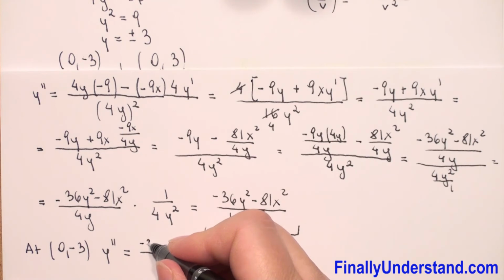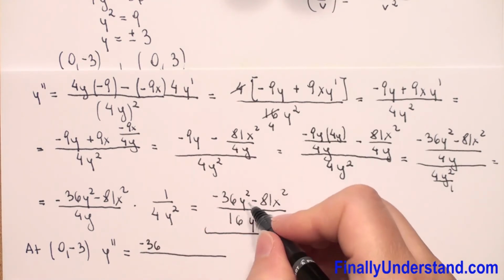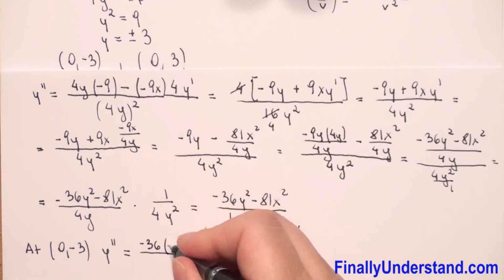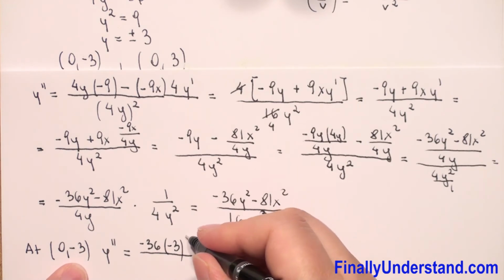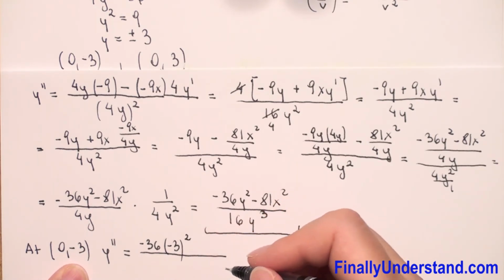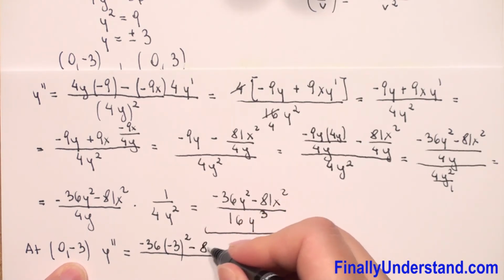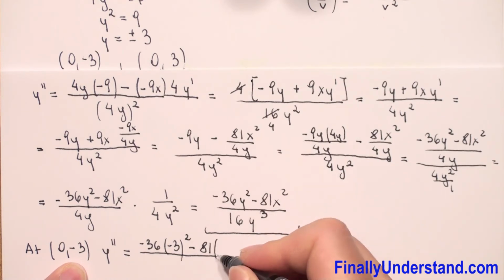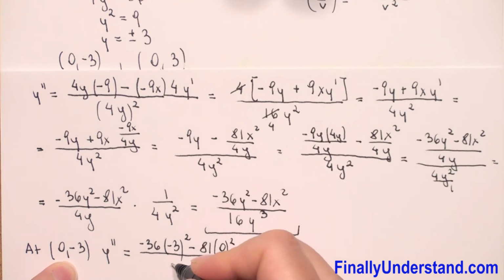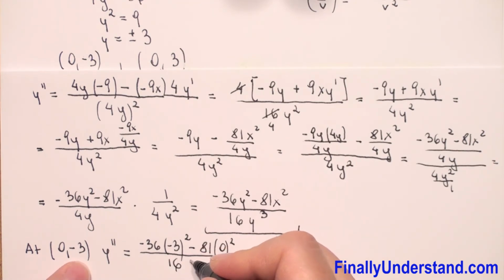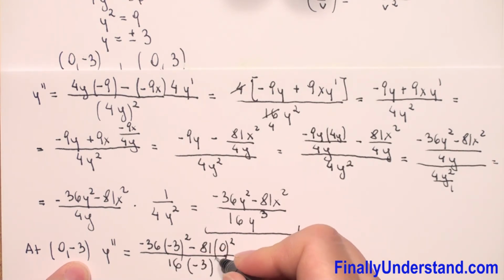y double prime is equal, we have negative 36 times y squared, so it will be negative 3 to second power minus 81, and we have x squared, x is equal 0 to second power over 16 times negative 3 to third power.